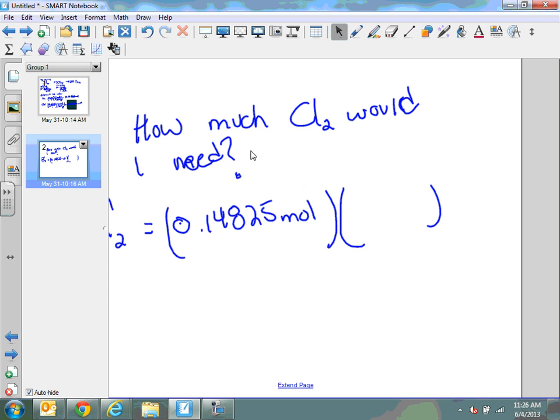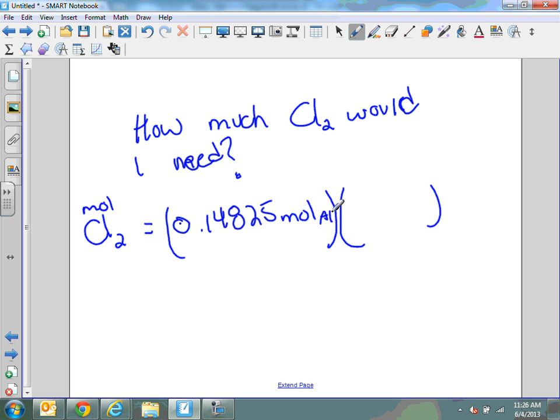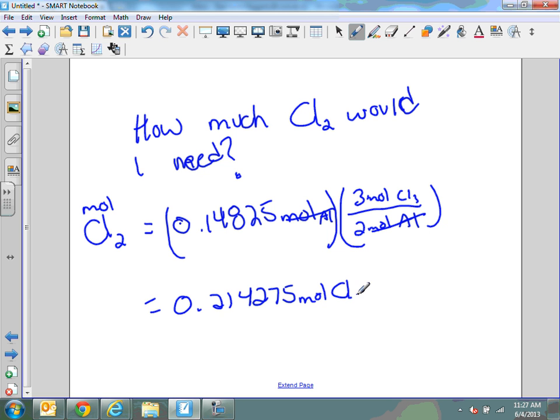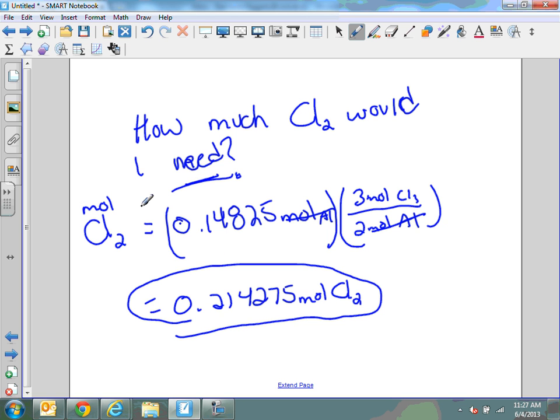So I'm going to multiply my moles of aluminum by 3 moles of chlorine over 2 moles of aluminum. Moles of aluminum cancel, and I'm left with my moles of chlorine. And we get 0.214275 moles of Cl2. So this is how much chlorine I would need to completely react with aluminum.